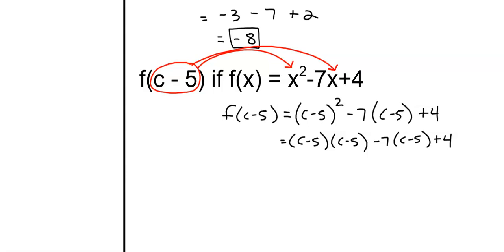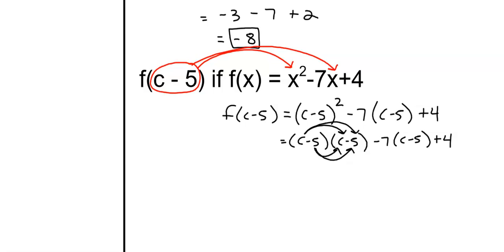Okay? Some of you probably learned FOIL, first, outer, inner, last. Some of you might have heard the term double distribute. Either way, we just need to make sure that when we're multiplying a binomial by a binomial, that the c gets multiplied by the c and the minus 5 in the second set of parentheses, and then the negative 5 also gets distributed onto each of those.